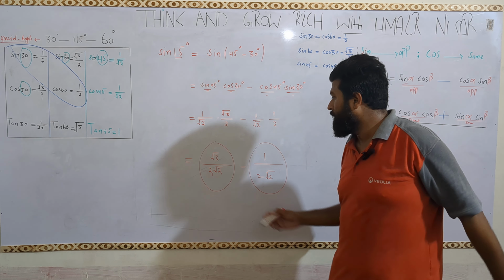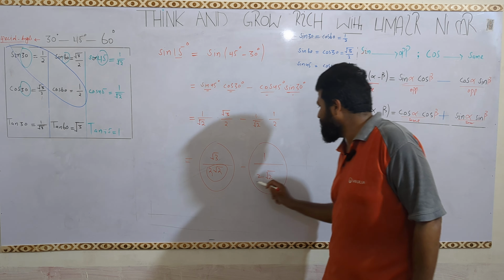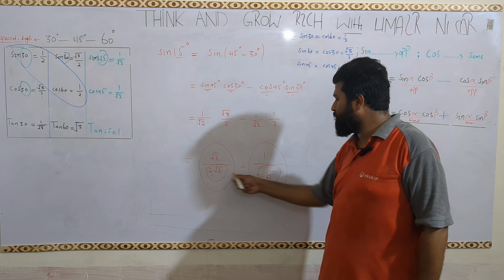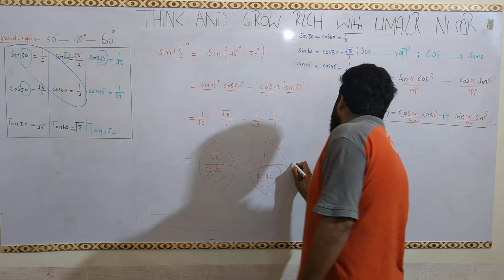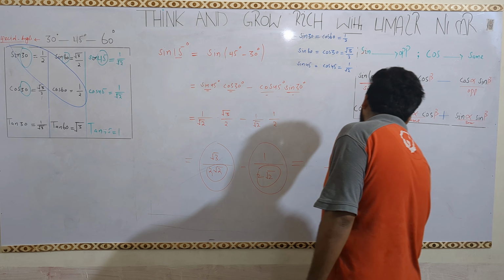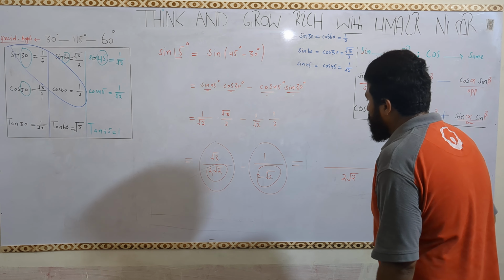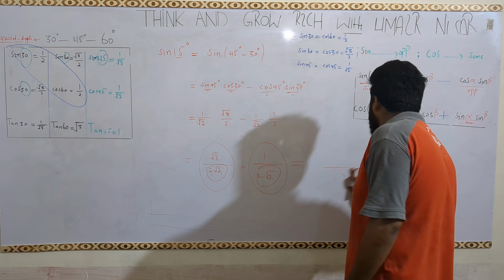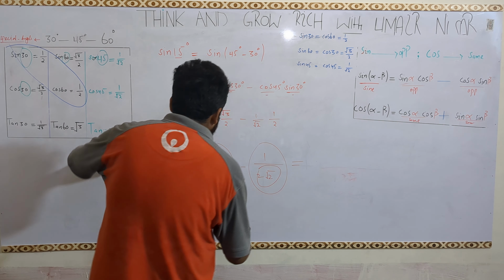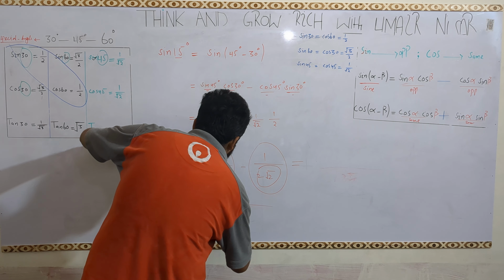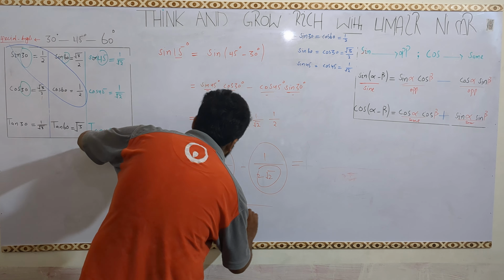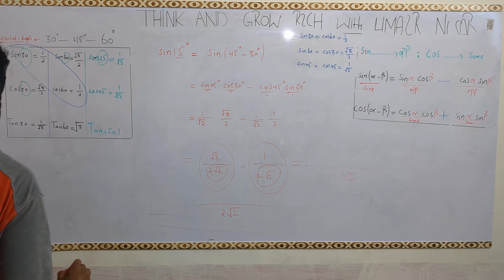In this case, this term and this term are the same, so this would be the LCM: 2 under root 2.